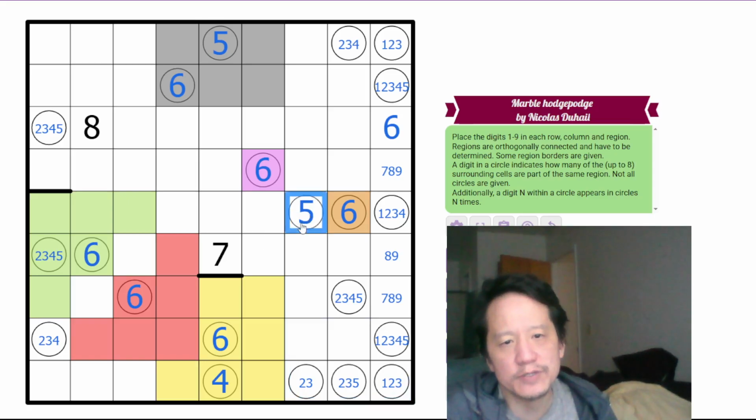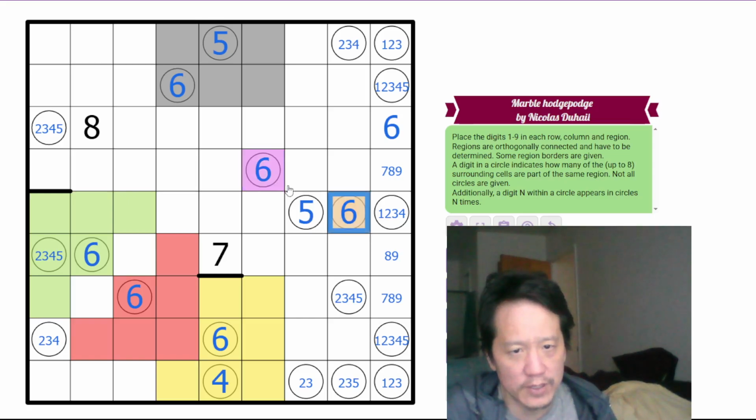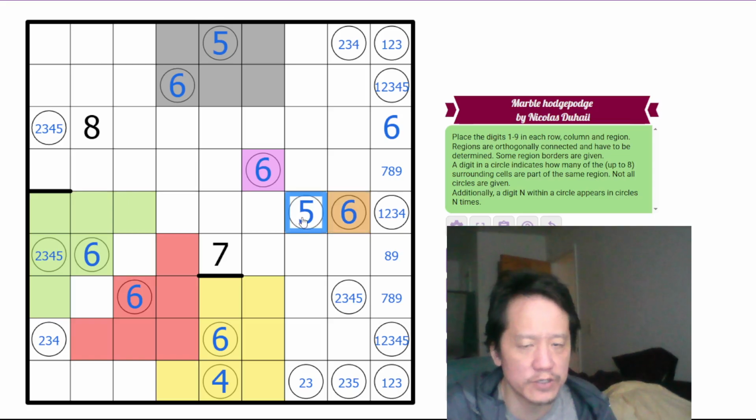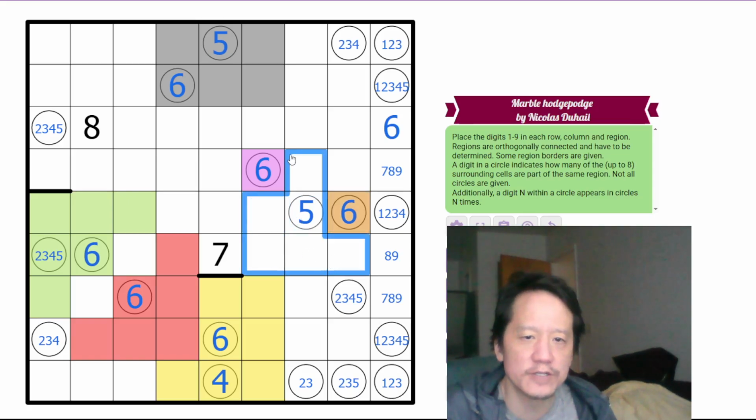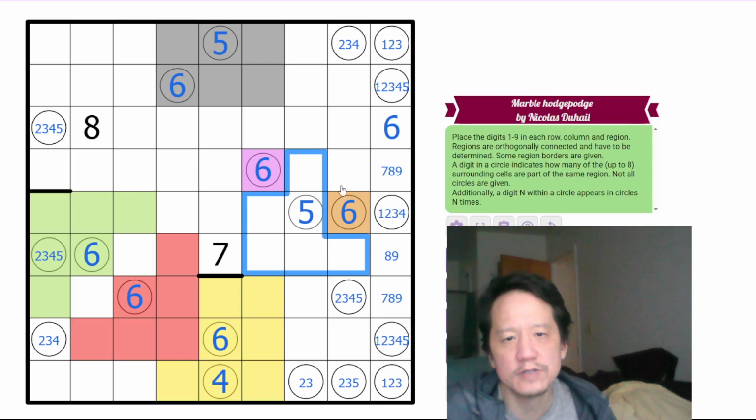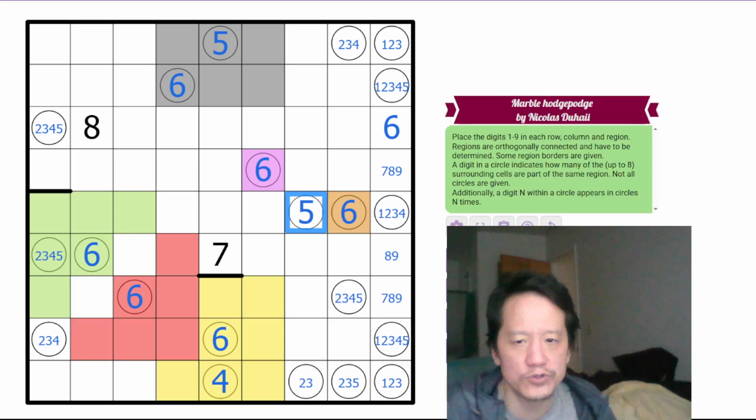This could not be separate from pink or orange. It would have to be either part of pink or part of orange because 5 surrounding digits, if this were the separate region, would eliminate 6, this orange 6 or the pink 6. So this is orange or pink. We're not sure which.